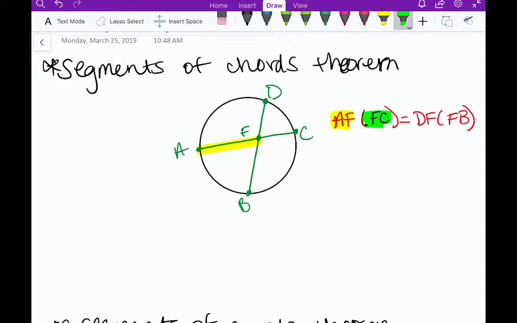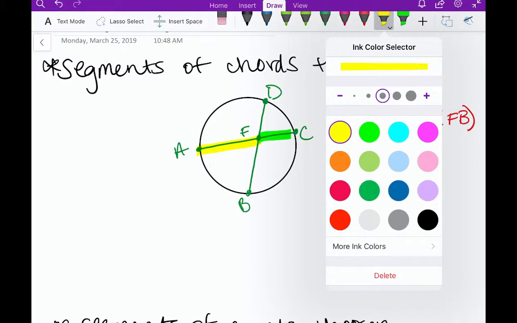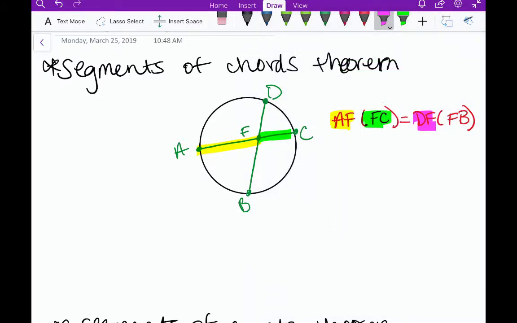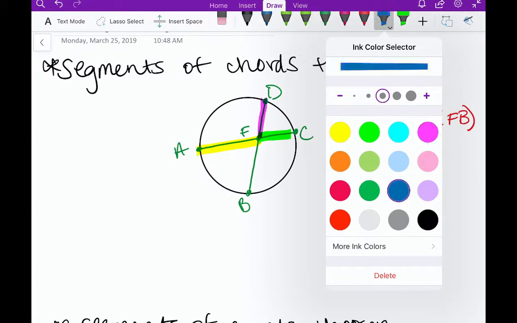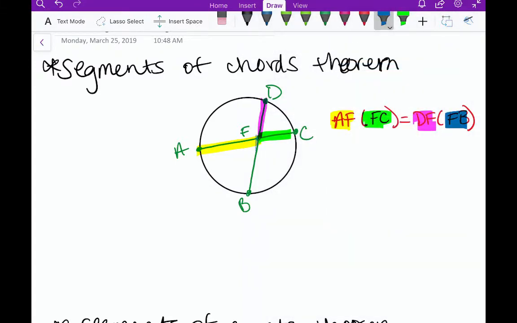That times FC is equal to DF, which is this, times FB, which is that.